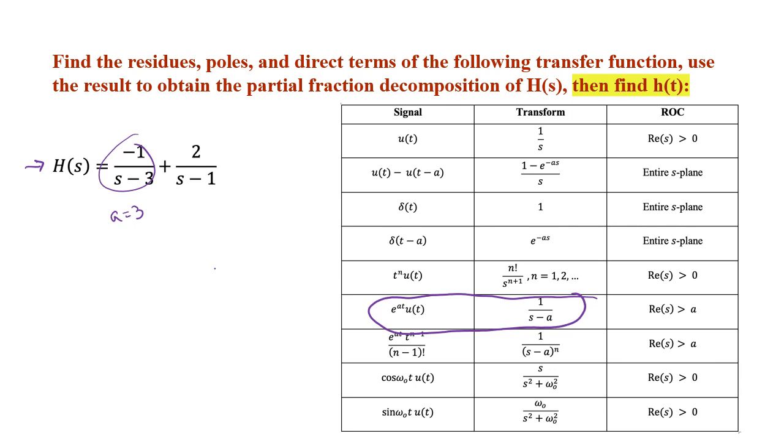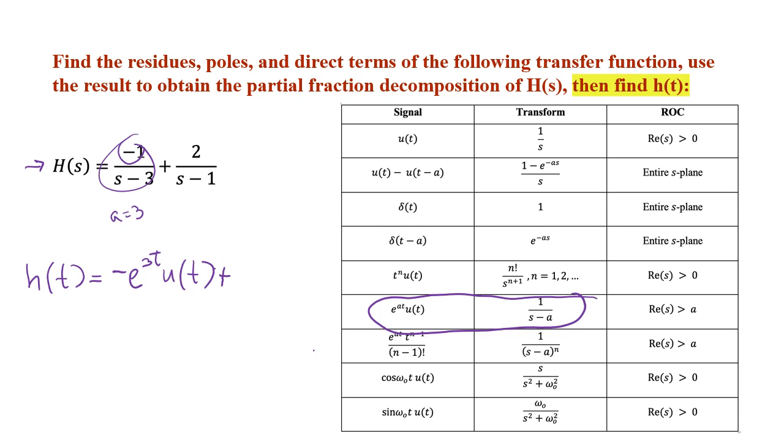So to write the signal itself, h(t), we're going to start with negative, because we have here -1, and then simply e to the power at, and a is 3, and then u(t). Next, we're going to say plus, and then continue with the term on the right hand side.